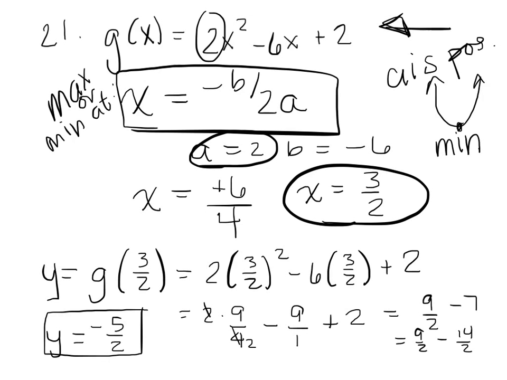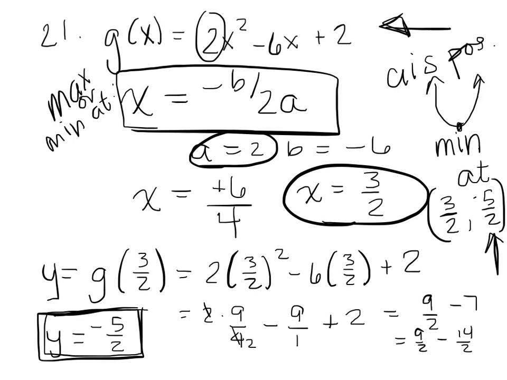So what we're going to say is we have a minimum at the point x first, 3/2, comma, y comes next, minus 5/2. And that's the position of the vertex, and the value of the function at this is the y value. So we're finding y equal -5/2 is the maximum, or I'm sorry, the minimum value.